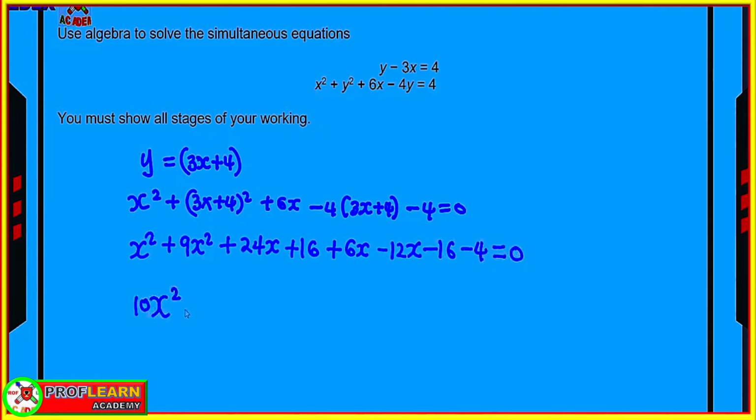Once you have put the like terms together and simplified everything, you'll have a single quadratic equation, which is 10x squared plus 18x minus 4 equals 0.